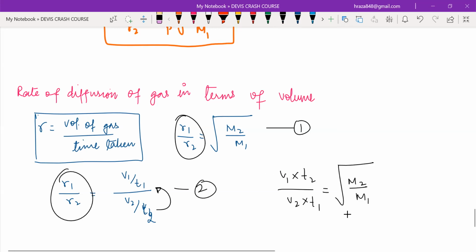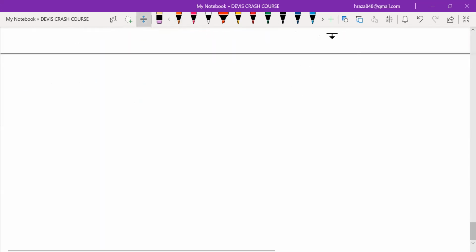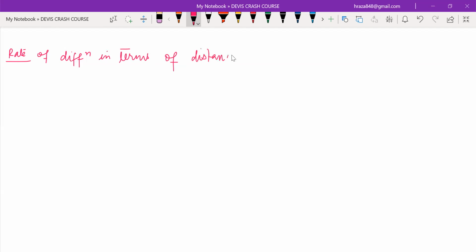The questions on this topic are mostly directly from the formula point of view. You just need to remember the formula. Can I change the slide? Rate of diffusion in terms of distance. It's all the same in terms of distance.